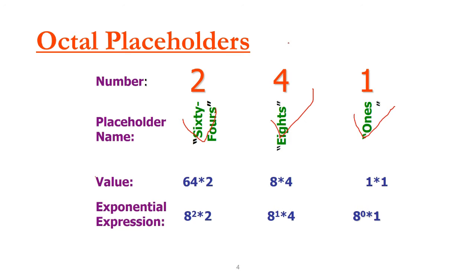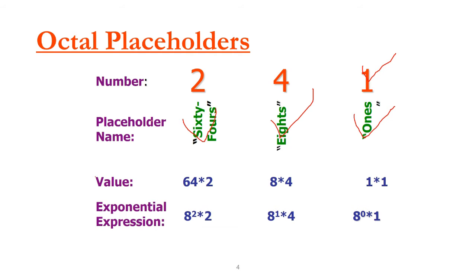As you can see, this number 2, 4 and 1 has 3 digits. So the rightmost number or rightmost value has some weightage, or you can say placeholders.